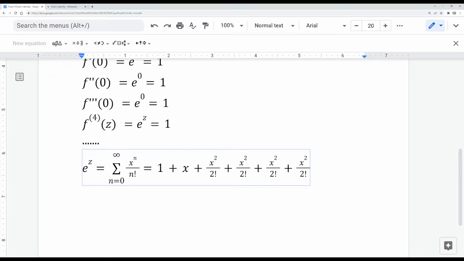So this will be the third, 3 factorial, the fourth, 4 factorial, and you know what, I'll just leave it, because it's going to infinity. So yeah, that's e to the z right there.